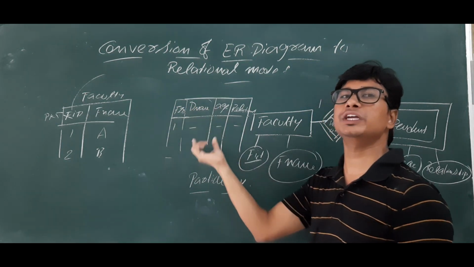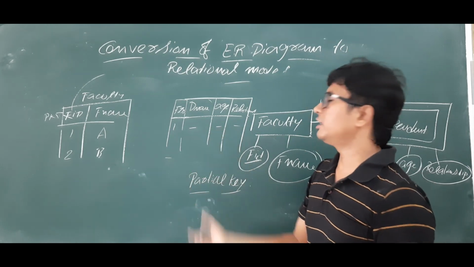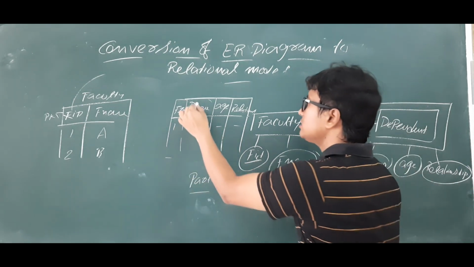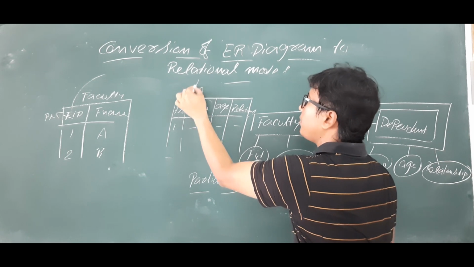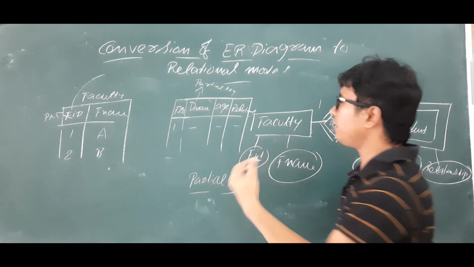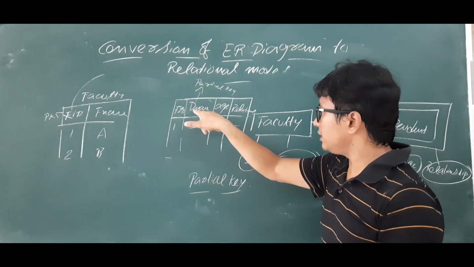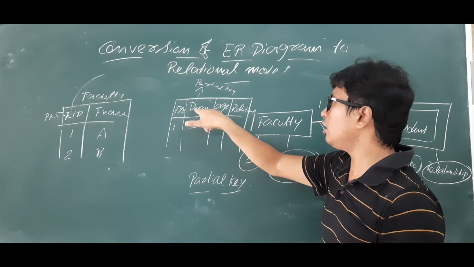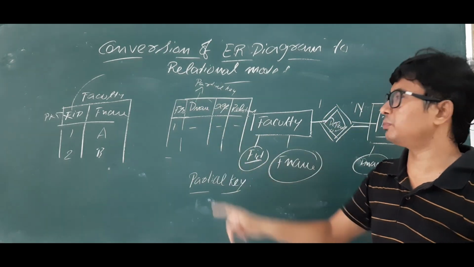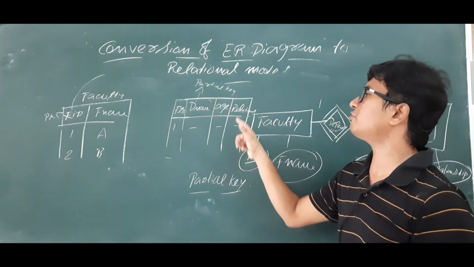If I can uniquely identify one tuple in the dependent table with them, then I can call dependent name the partial key. It is called a partial key because alone it cannot uniquely identify a tuple.